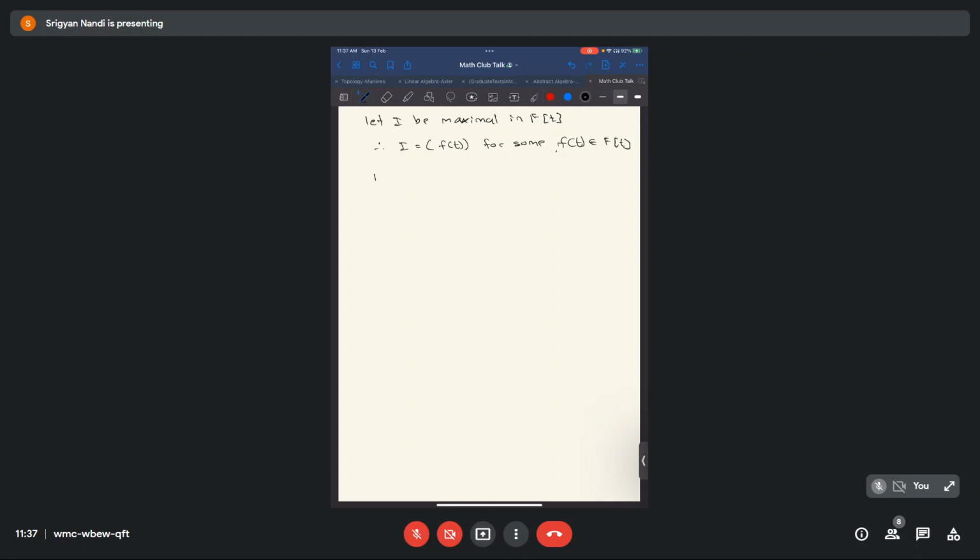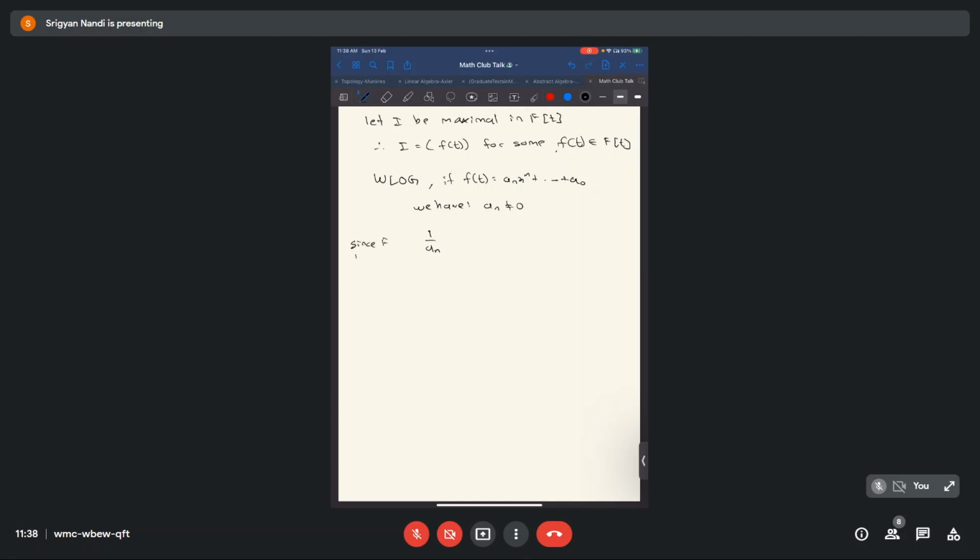And without loss of generality, if f(t) is equal to a_n x^n plus so on till a_0, we have a_n is not equal to 0, so we have 1 by a_n, and we actually have the existence of this inverse 1 by a_n since F is a field.